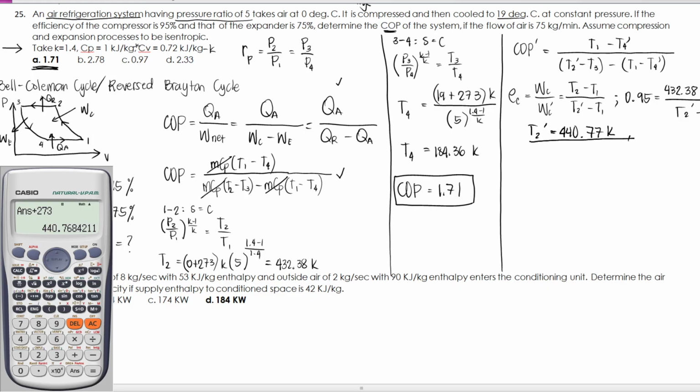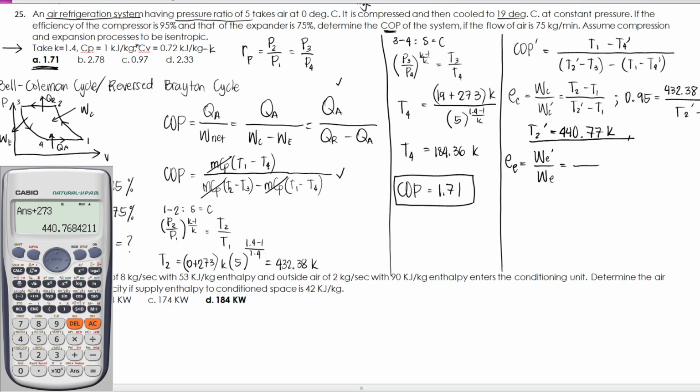Then, para naman sa T4 prime, makukuha naman natin yan using expander's efficiency. So, kung dito sa compressor, ideal over actual, kay expander naman is baligtad. That is actual work ng expander over ideal work ng expander.